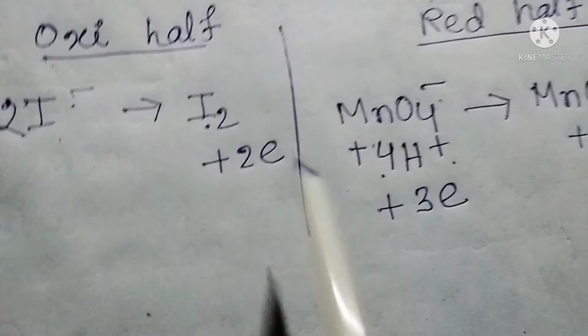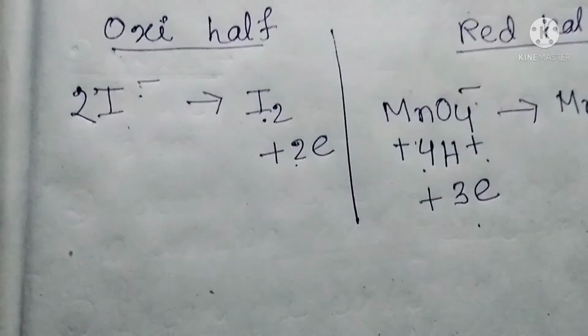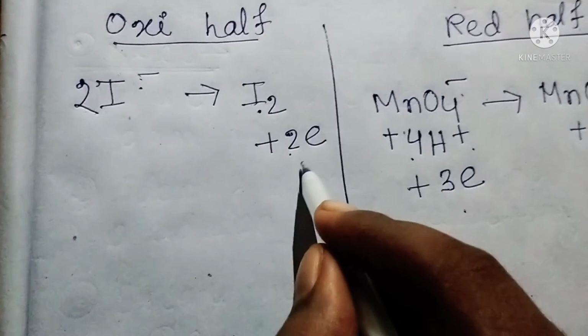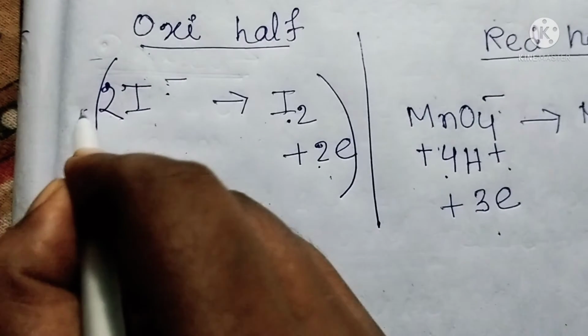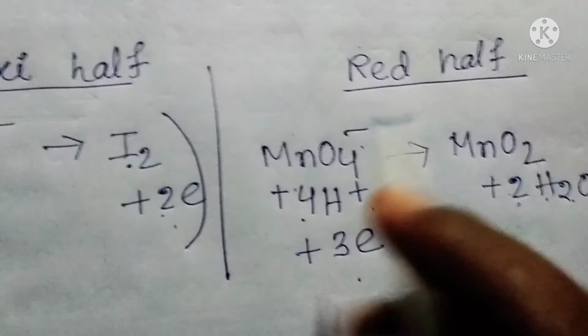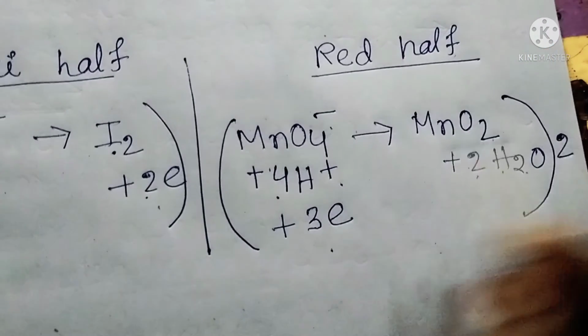Now here 2 electrons are present, here 3 electrons are present. We have to make the electrons cancel. So we multiply this equation by 3 and we multiply this equation by 2.